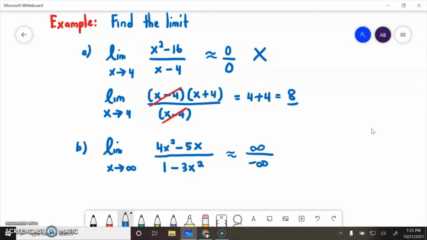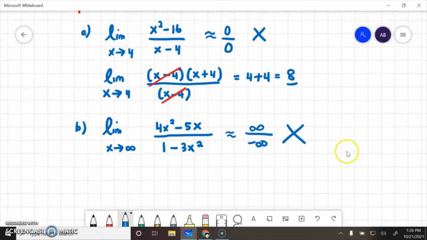If I substitute x equals infinity, you cannot write this. This is wrong. If the numerator of a fraction goes to infinity, the whole fraction goes to infinity, and if the denominator goes to infinity, the fraction turns to 0. Since both solutions are not acceptable, we need to apply another way.